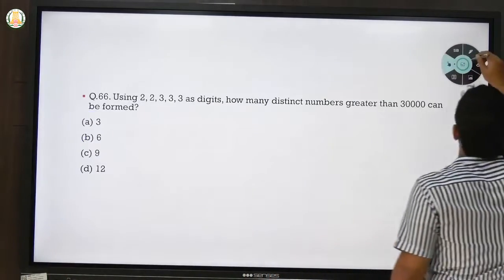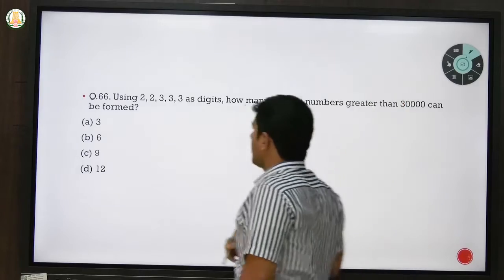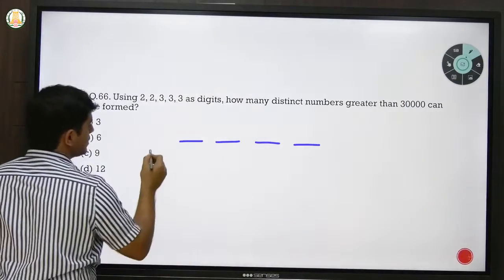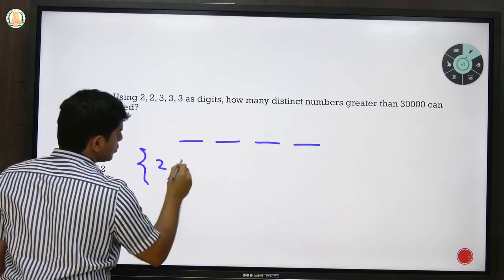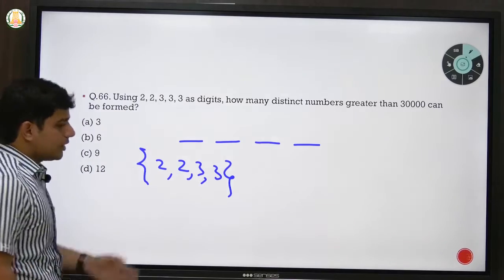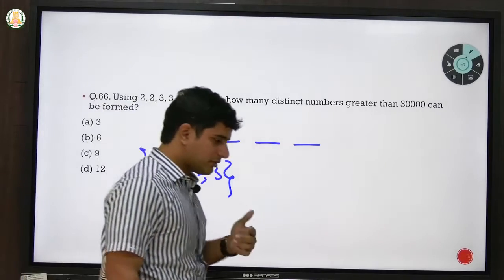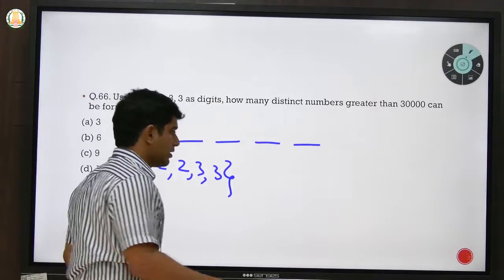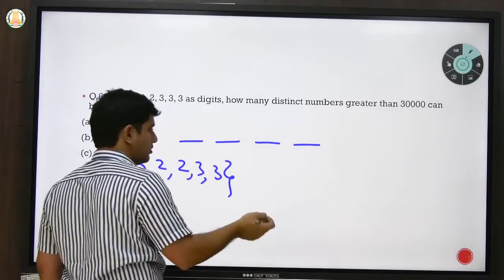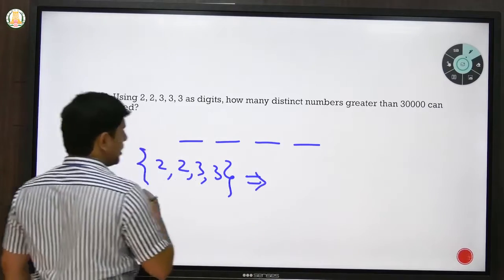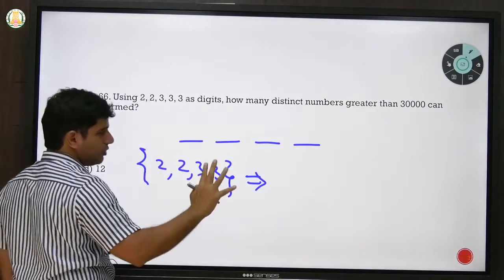I'll give you another simple formula. It says that there are 4 different places and your set is 2 2 3 3. If someone is aware of the term factorial, you must have seen it in engineering also, or in +1 +2. Whenever you have such a thing, how many total digits do we have? 4.